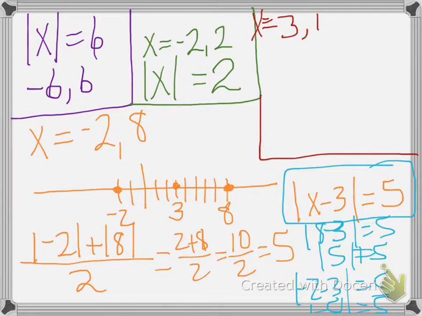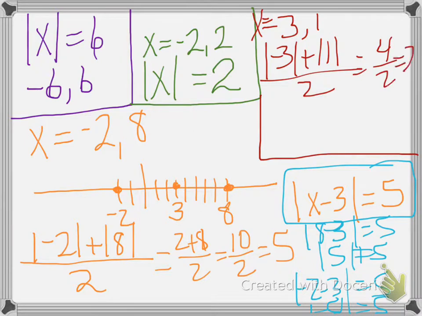Okay, so we've got the absolute value of -3 plus the absolute value of 1, over 2, would be 4 over 2, or 2, right? Okay, so that's my answer, equals 2. I have x minus a number, right?